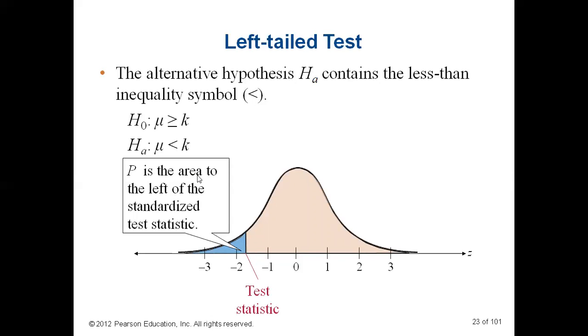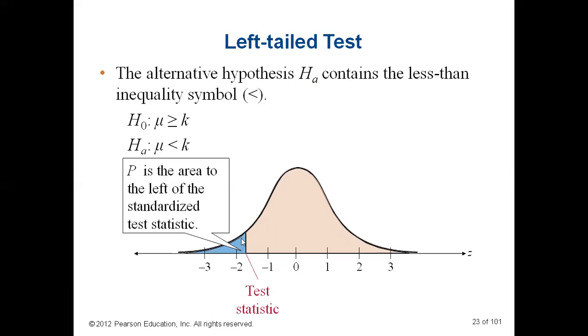So P is the area to the left of the standardized test statistic. Suppose after computing the test statistic, its value is this. When we compute the probability of that test statistic, this area is the P value.